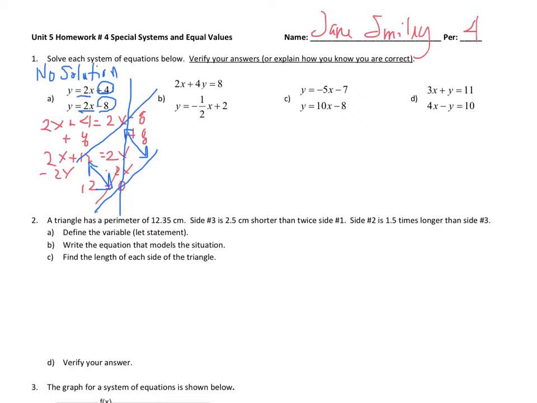All right, let's take a look at B. It says 2x plus 4y equals 8 and y equals negative x plus 2. Well, the first thing I need to do is put both of these in the y equals mx plus b form. So if I bring down my top equation, 2x plus 4y equals 8, and I subtract 2x from each side, I get 4y equals negative 2x plus 8.